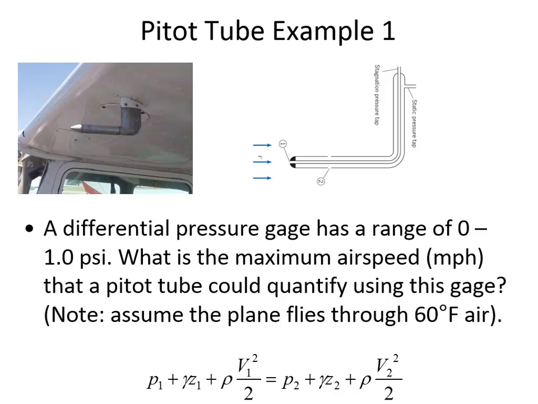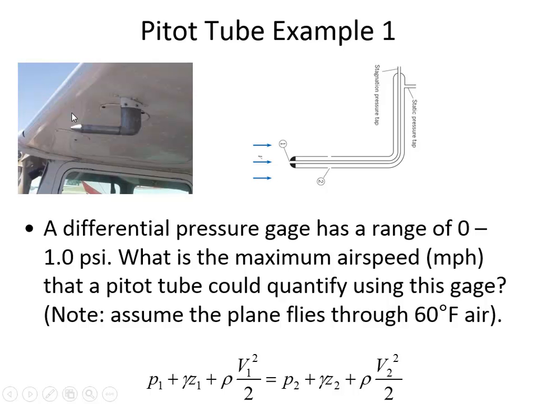This airplane is flying through the air, and even if it was going up, right here on the edge is the static tap opening, and here at the front is the stagnation tap opening. They're not very far apart.